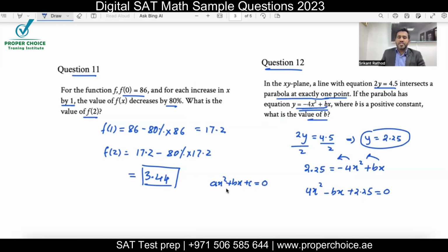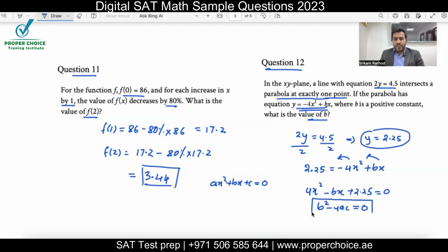There is a certain condition here. When the given quadratic equation has exactly one solution or exactly one root, the condition is b² - 4ac = 0.